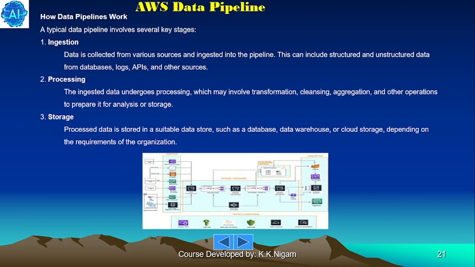The ingested data undergoes processing, which may involve transformation, cleansing, aggregation, and other operations to prepare it for analysis or storage. Storage. Processed data is stored in a suitable data store, such as a database, data warehouse, or cloud storage, depending on the requirements of the organization.